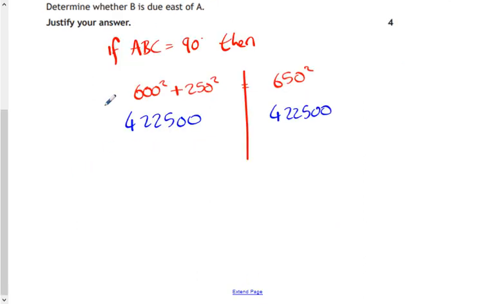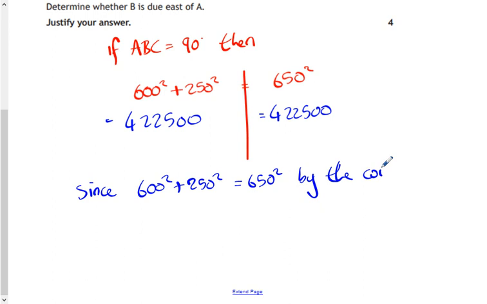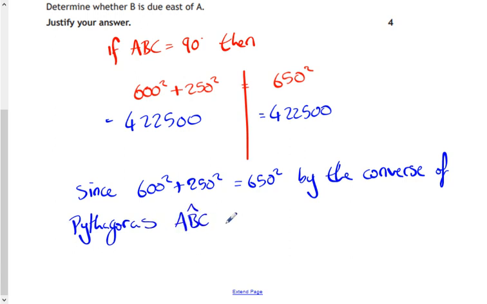So we can say, since 600 squared plus 250 squared is equal to 650 squared, by the converse of Pythagoras, ABC as an angle is 90 degrees, so A is due east of B.